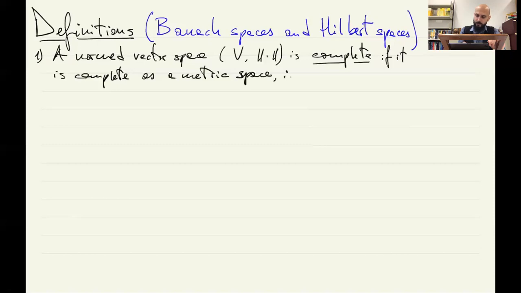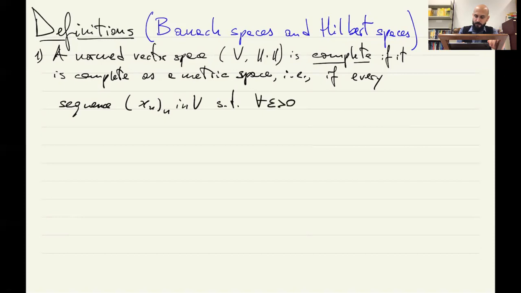Now I remind what it means. If every Cauchy sequence converges, if every sequence, let's call it x_n in V, such that for all epsilon greater than 0, there exists some N such that for all n and m greater than N, one has norm of x_n minus x_m less than epsilon.